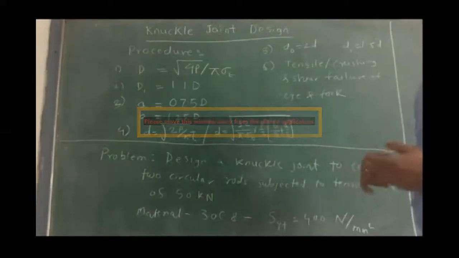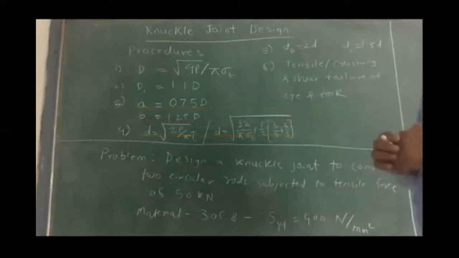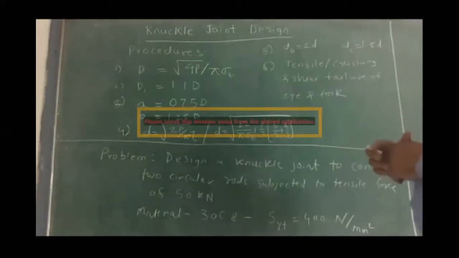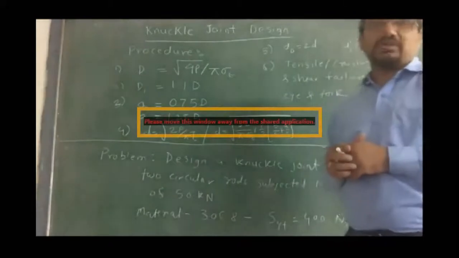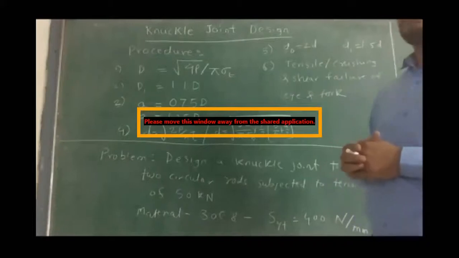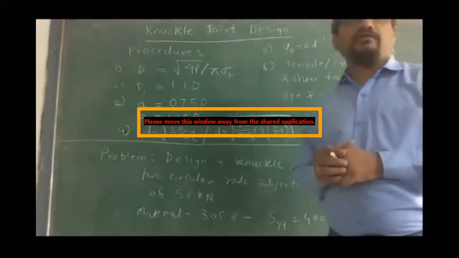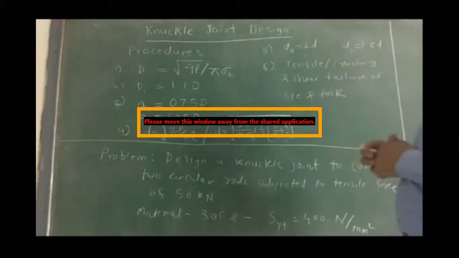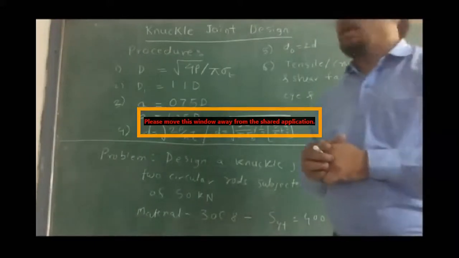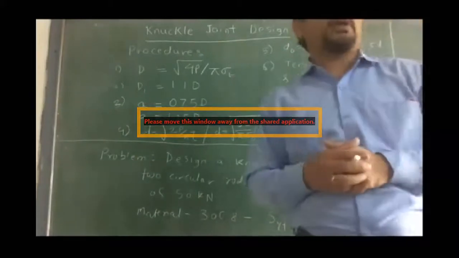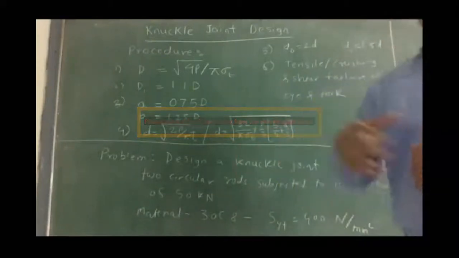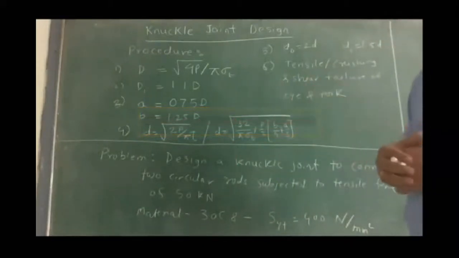As I said, we have to enlarge the rod a little bit to increase its strength. The symbols we use are capital D for the diameter of the rod and capital D1 for the enlarged diameter of the rod. Then we have the diameter of the pin, denoted by small d. Then we have D0 and D1. D1 is the head of the knuckle pin, and D0 is the outside diameter of the fork or eye. The inside diameter will be equal to d.